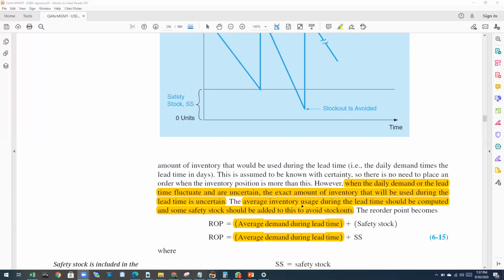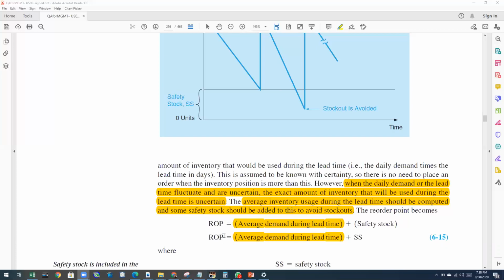The average inventory usage during the lead time needs to be computed, and some safety stock should be added to it to avoid stock out. So the reorder point with the presence of safety stock is the average demand during lead time plus the safety stock.